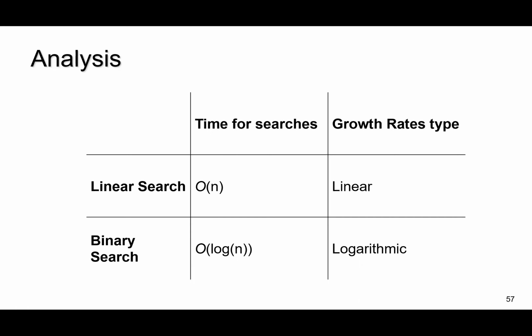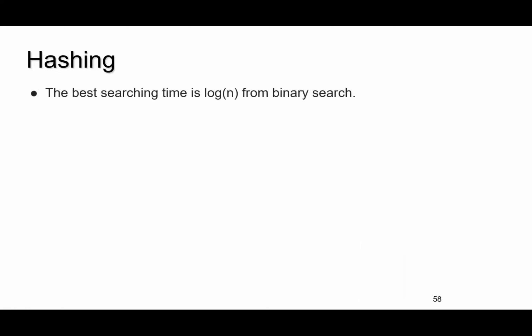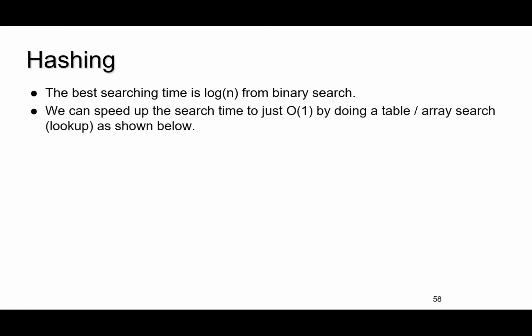But then, can we have a better searching algorithm? Actually, yes. So far, from linear search and binary search, the best searching time is log 2n, from binary search. We can actually speed up the searching time to just order of 1. Order of 1 means this searching doesn't depend on your data size.